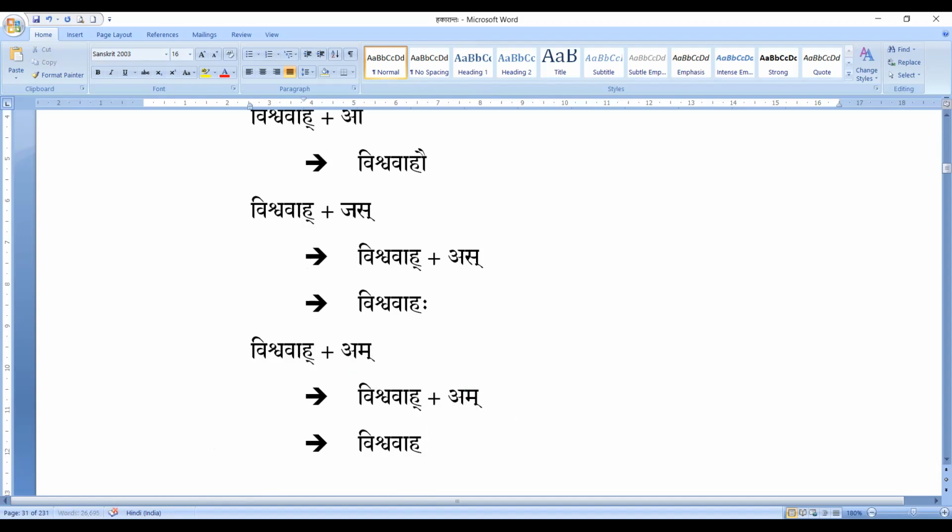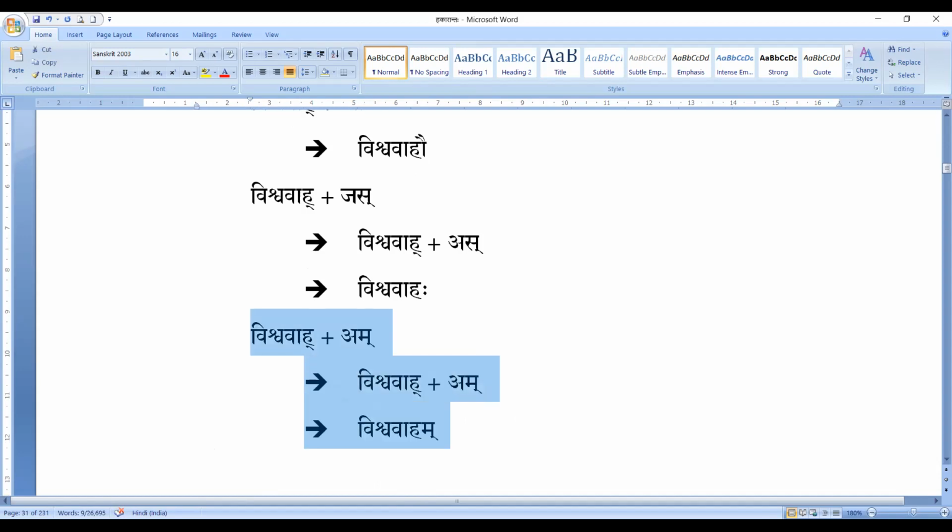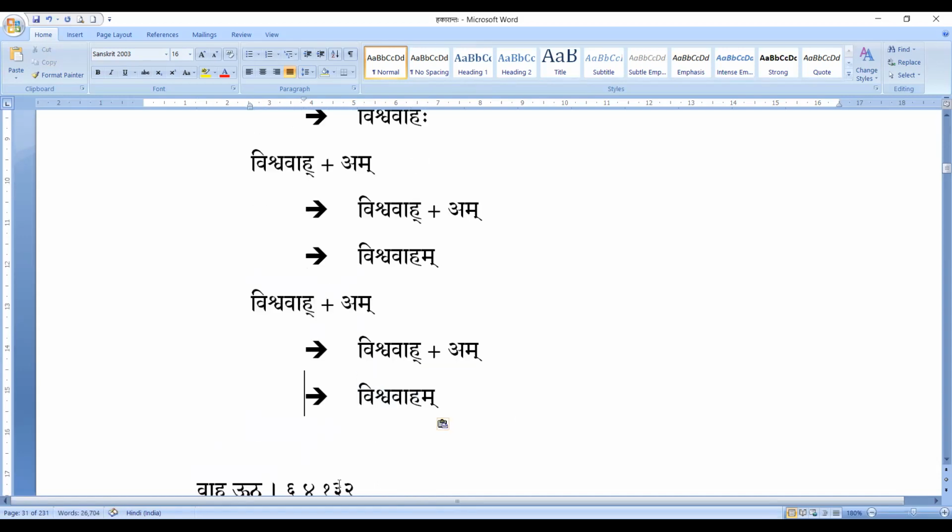This is also Sarvanamasthana, therefore Vishwavaham. We are doing Pullinga, therefore Sarvanamasthana Pratyaya, Sud Anapumsakasya. Dvitiya Vibhakti Dvivachanam: the content is Au, so Vishwavah plus Au will become Vishwavahau.